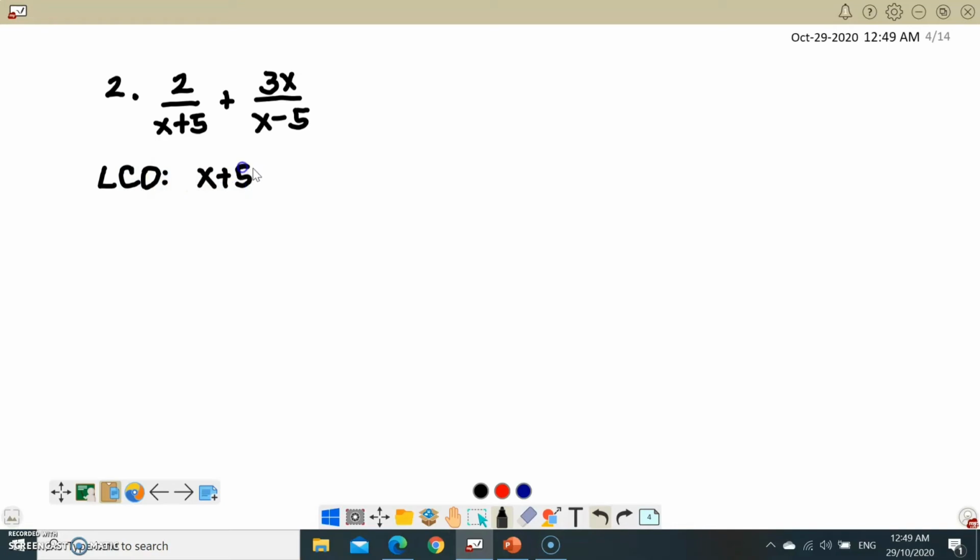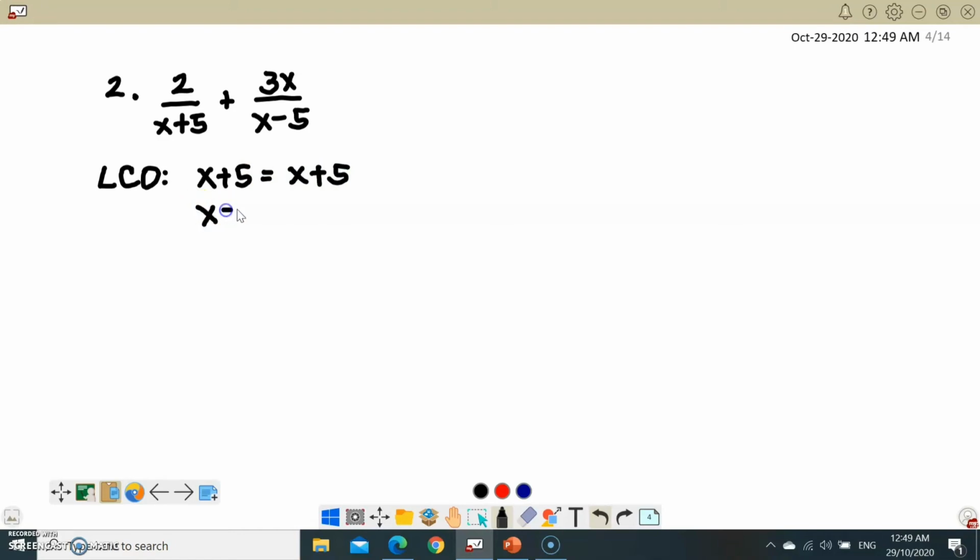Let's have example number 2. So we have here 2 over x plus 5 plus 3x over x minus 5. So we need to find the least common denominator. Since x plus 5 is not factorable, we have x plus 5.